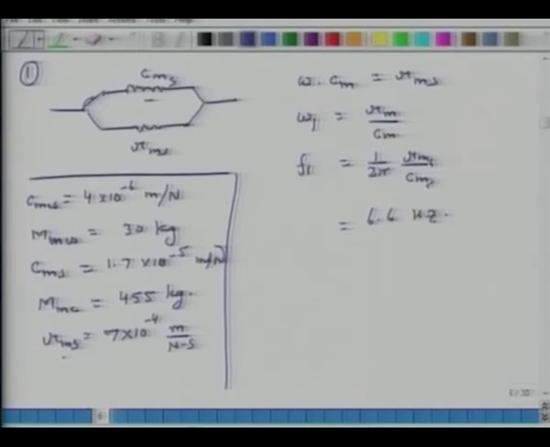It means that the influence of this mechanical damper becomes significant only after 6.6 hertz. Before that, stiffness is playing a bigger role. So this is my first breakpoint. This will give you some insight into how you design or identify the right damping coefficient and the right stiffness for a system similar to this circuit.